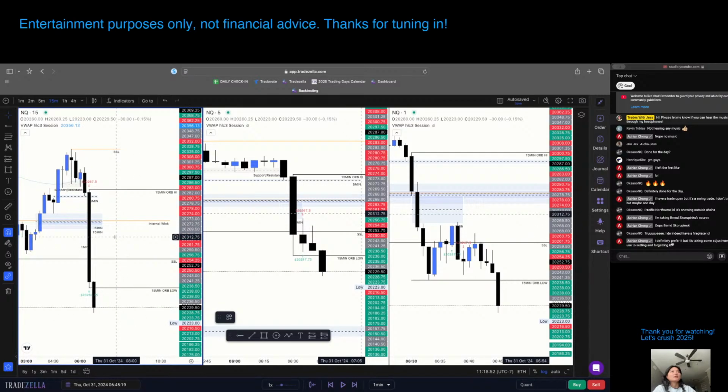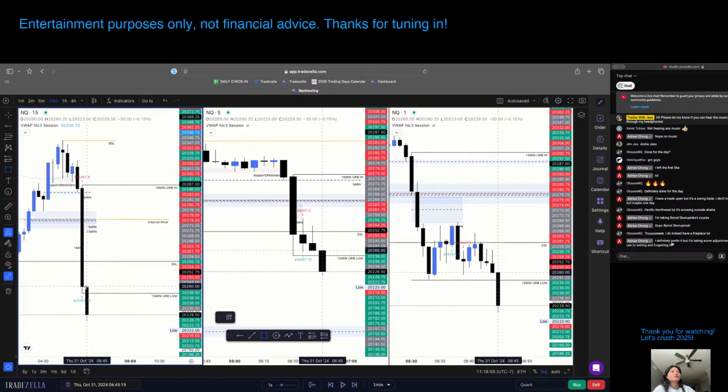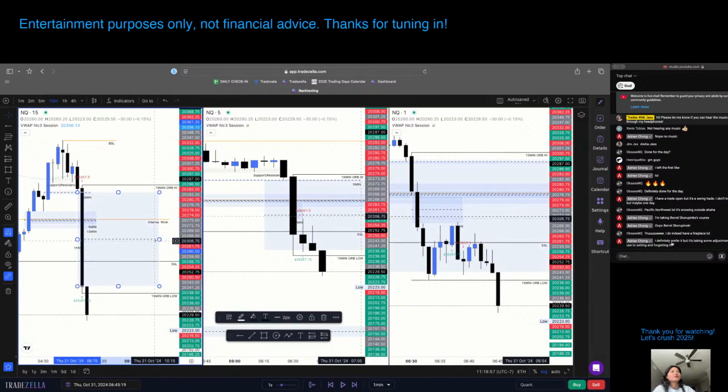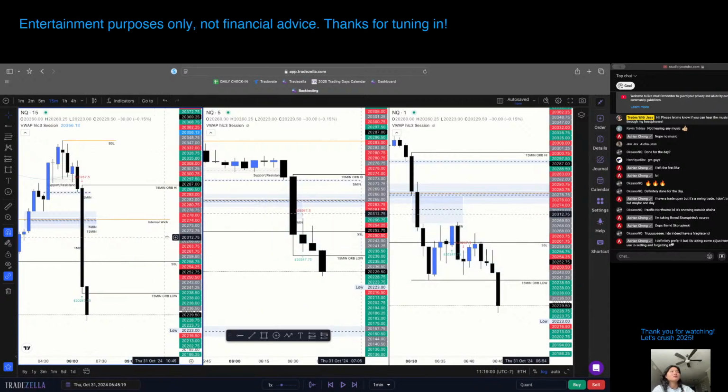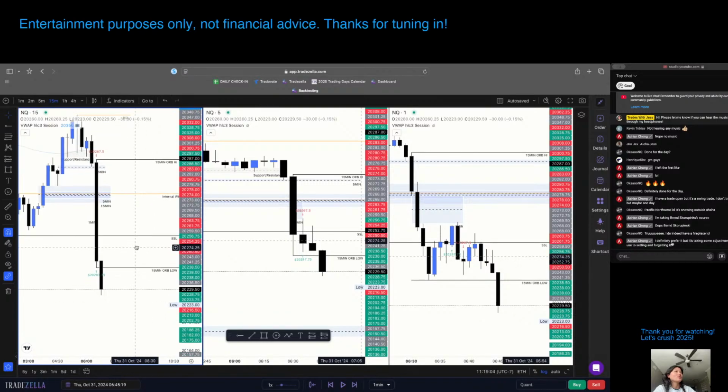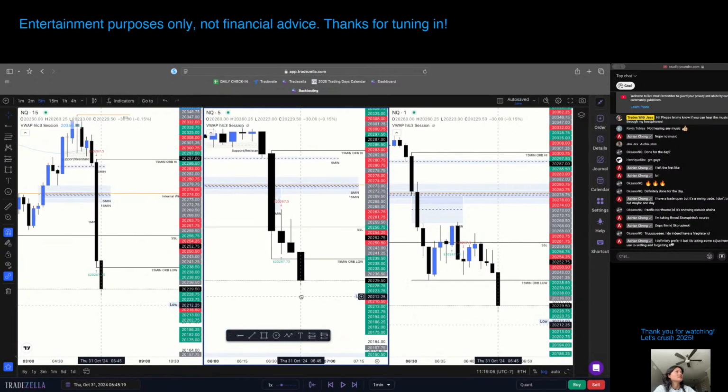Okay, so we do have this whole thing. So 50% of this thing is 311, give or take. So let's see if we can get any kind of bounce back or retest.